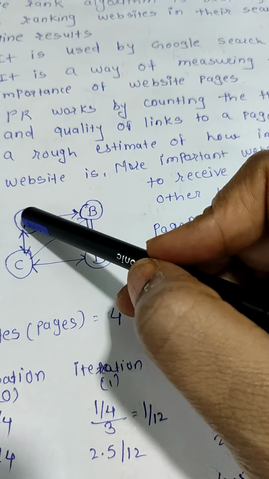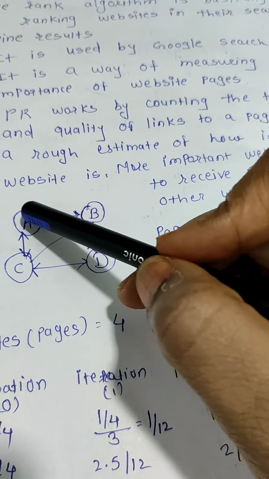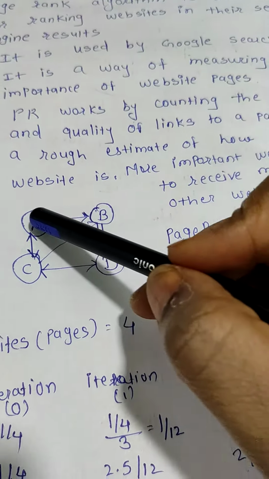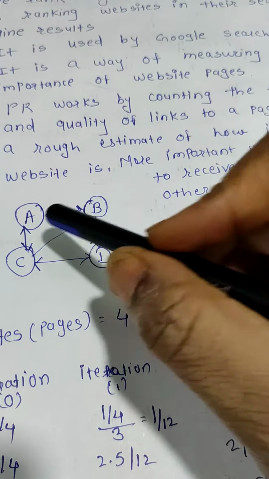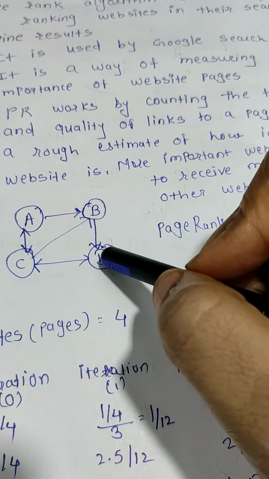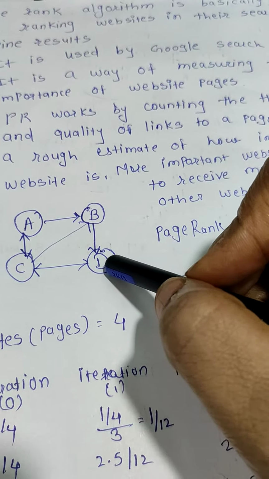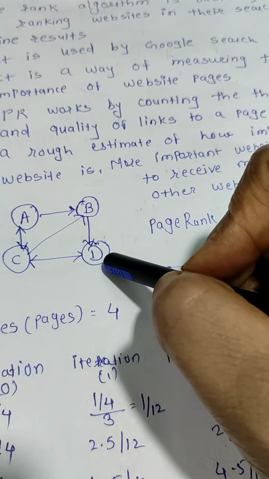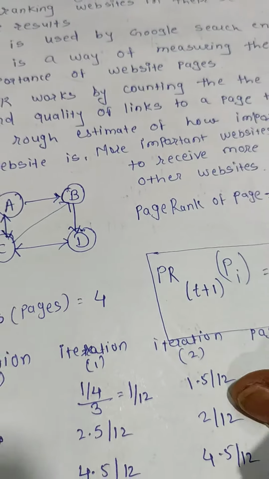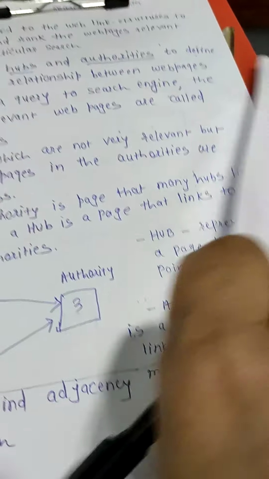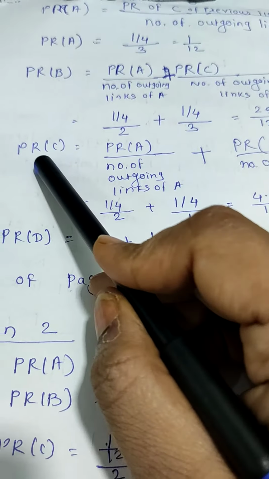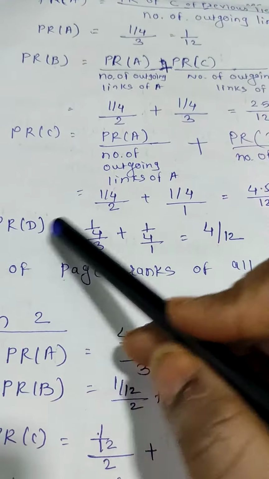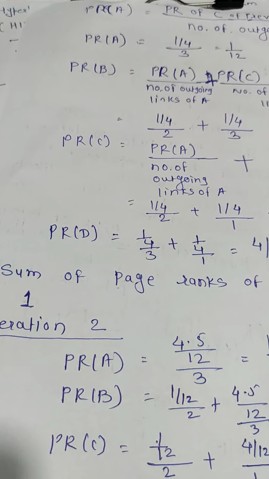So page rank of A in the previous iteration divided by number of outgoing links of A, plus page rank of D divided by number of outgoing links of D. So this is page rank of C. Same way page rank of D also we can calculate.